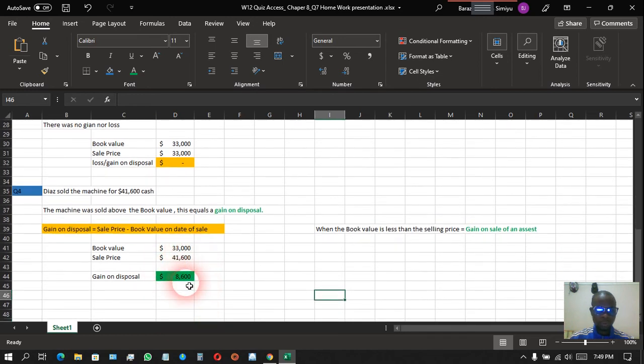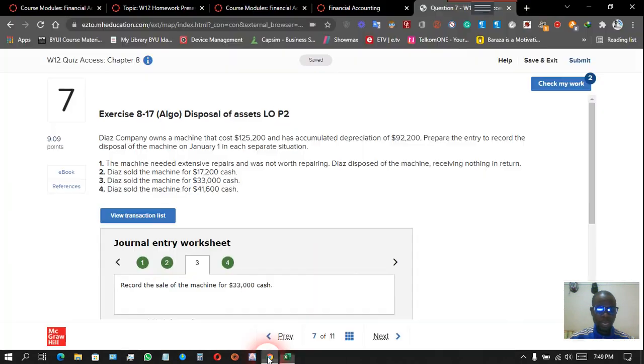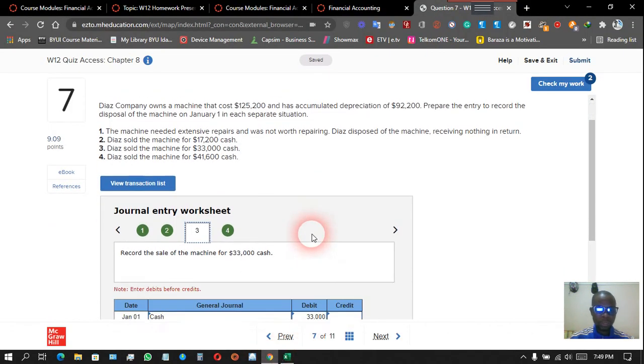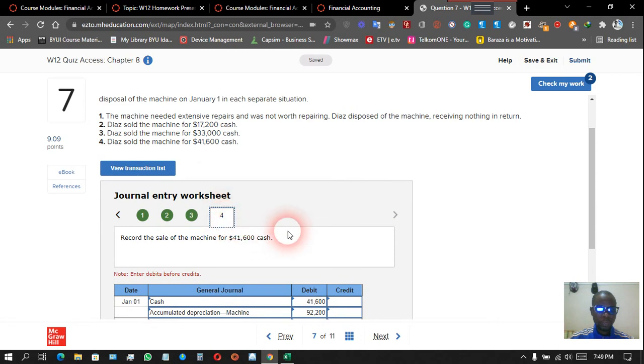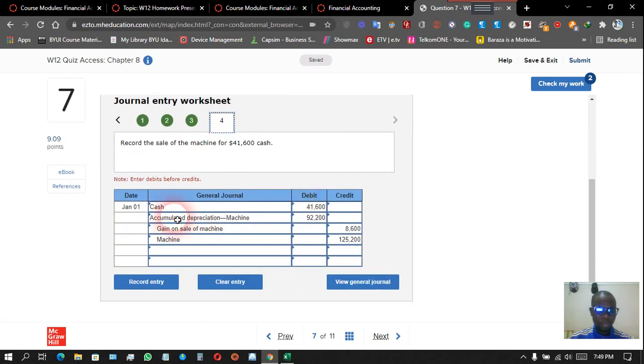Now to put this in our journal entry worksheet, we'll first debit the cash that was received on the sale of the machine. Then we will also debit the accumulated depreciation of 92,200.